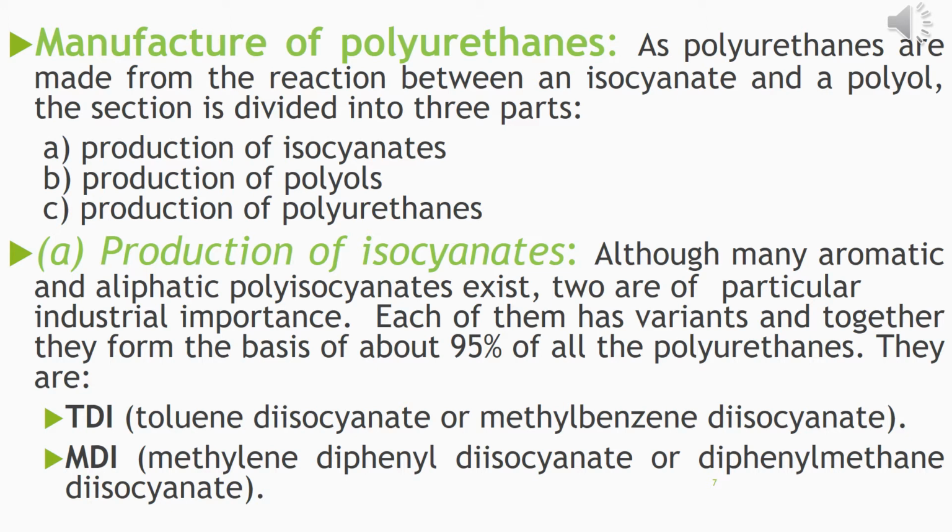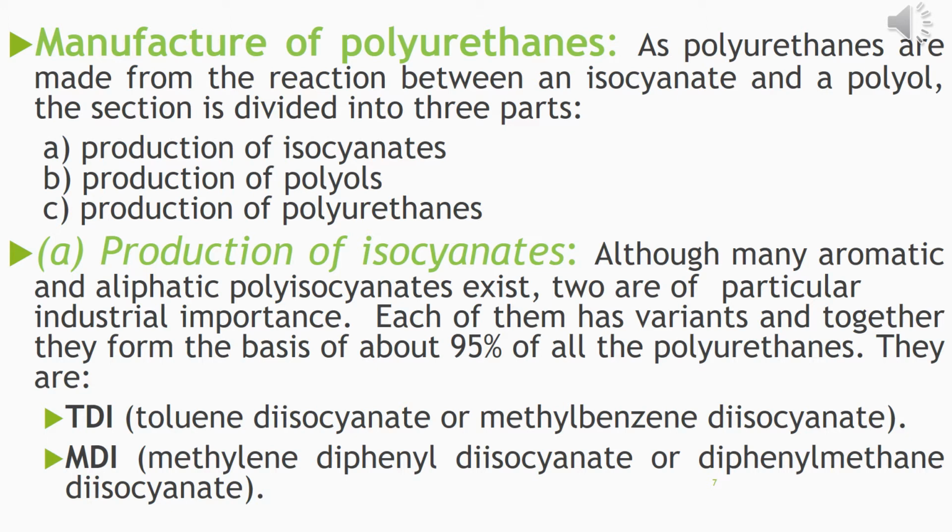Production of isocyanates will be discussed, then production of polyols, then production of polyurethanes. So the first part is the production of isocyanates. Although many aromatic and aliphatic polyisocyanates exist, two are of particular industrial importance.